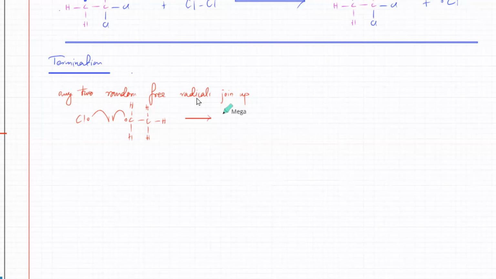If they do that, there would be no longer any free radicals. The free radicals would get used up and the reaction would terminate, because the reaction only continues as long as you have free radicals. If this Cl radical decided to steal one of the hydrogen atoms and form HCl, another free radical would be produced. But instead, if it just bonds with this carbon atom that is already a free radical, the reaction is going to terminate.